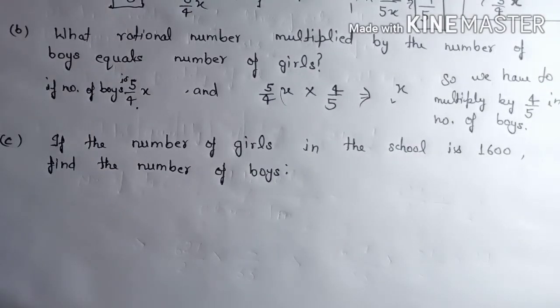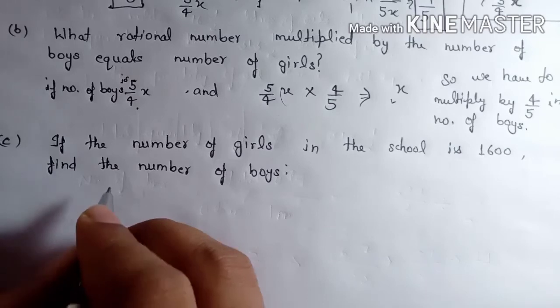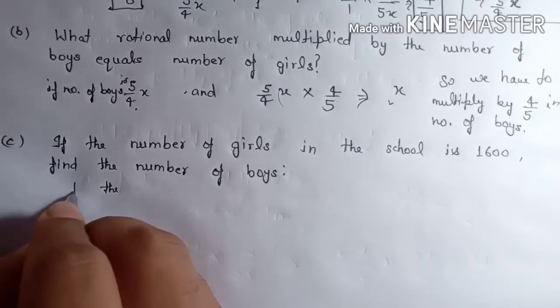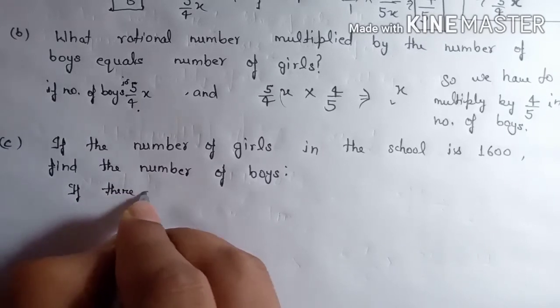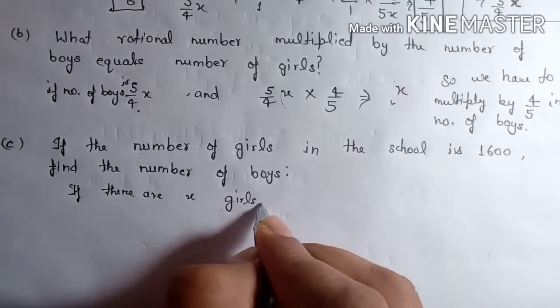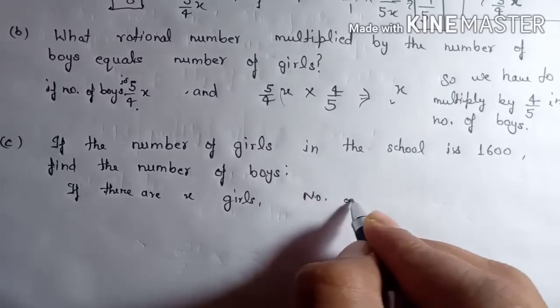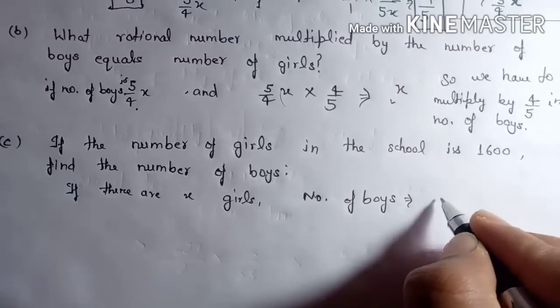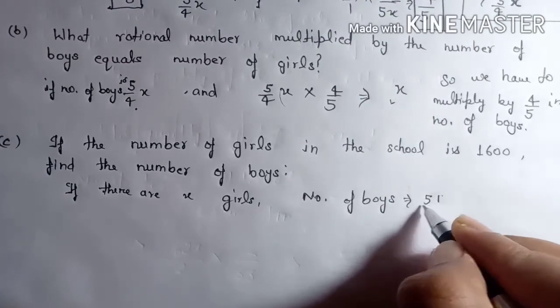And the third part of the question is, if the number of girls in the school is 1600, find the number of boys. So we have considered that if there are x girls, the number of boys, from the question, is equal to 5 upon 4x.